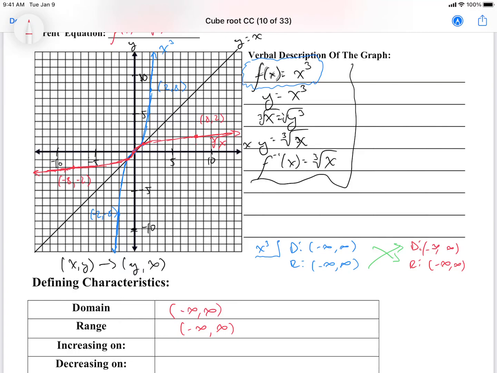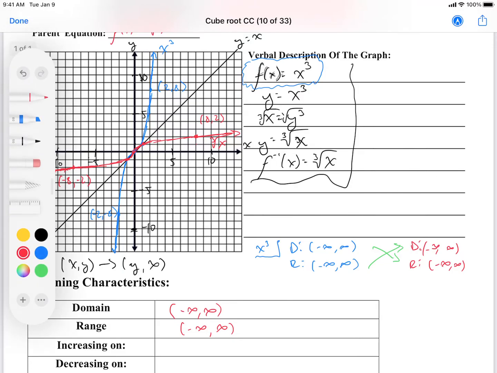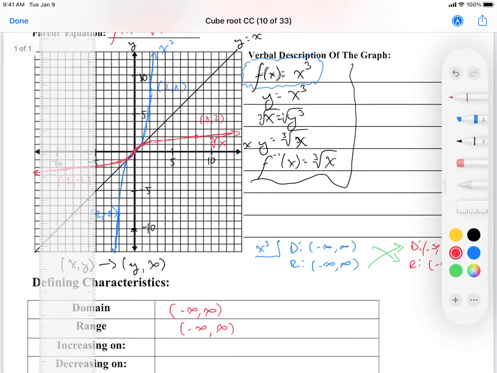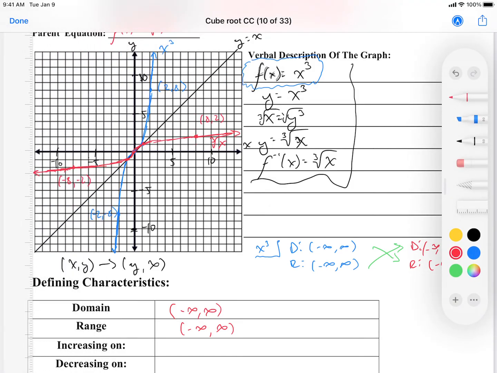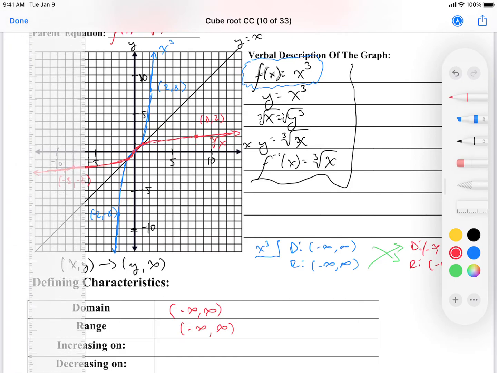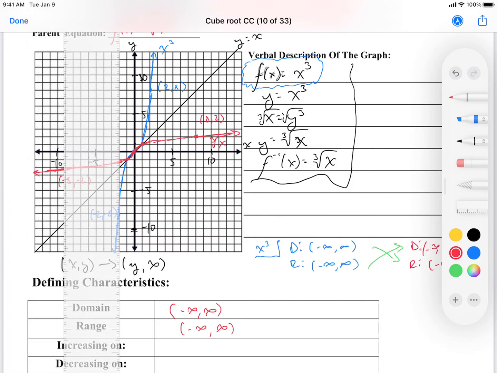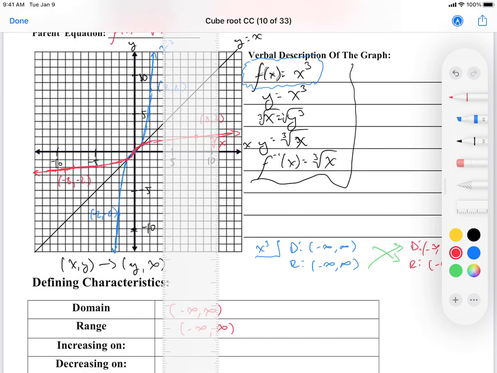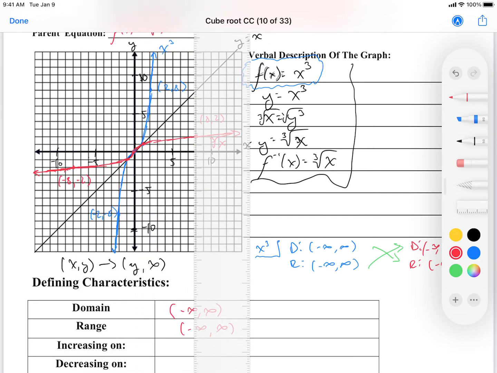To determine that, remember, we go left to right, and we see, again following the red, that it's constantly going up, going up, going up. That means it's always increasing along my domain, okay?